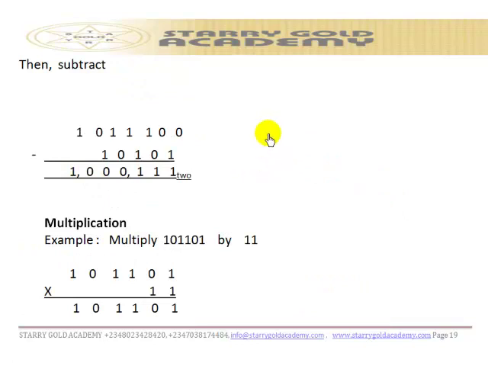We got 1011100. This is what we had. Then let's subtract 10101. 0 cannot subtract 1, so you borrow 1 from this guy, it becomes 0, so this becomes 10.